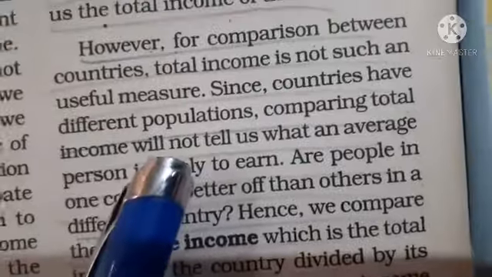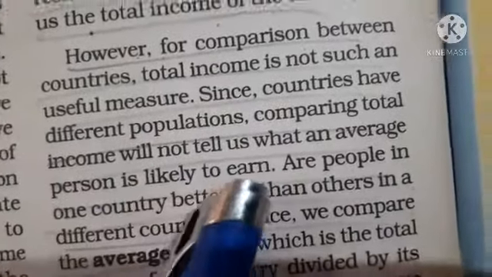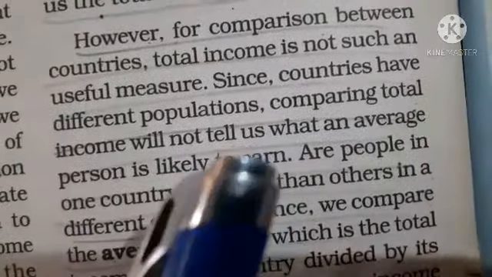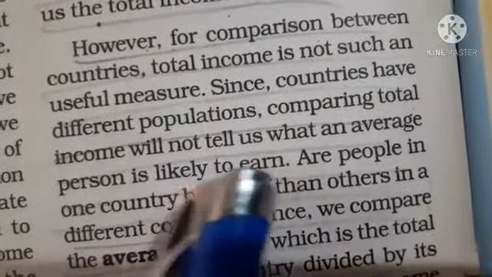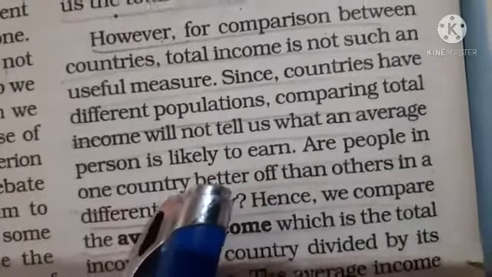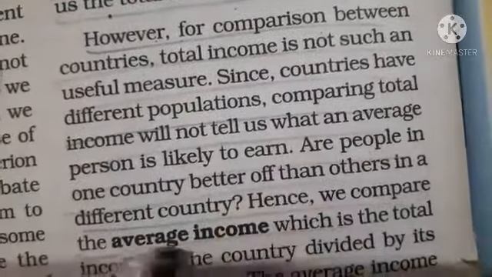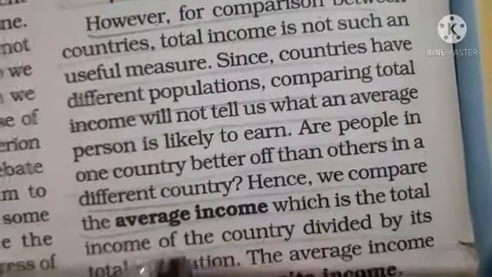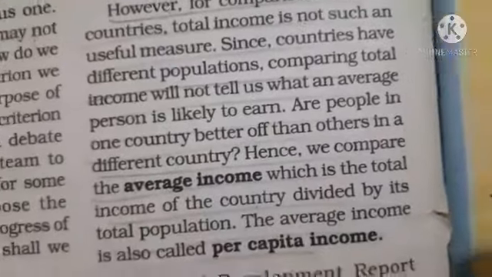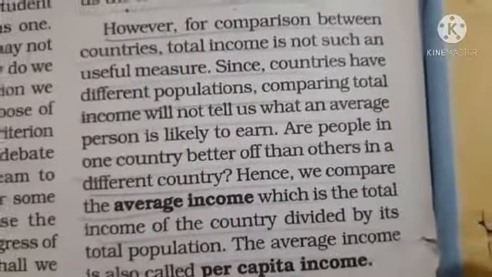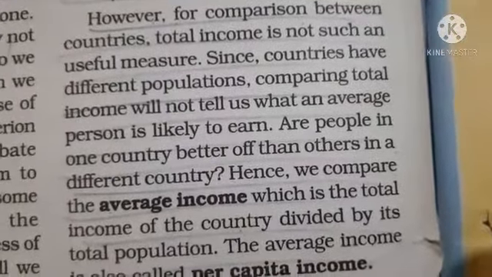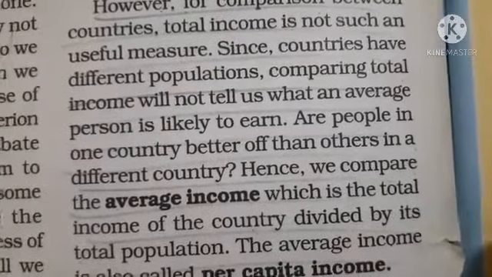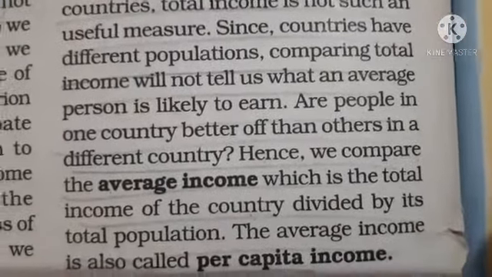Because total income does not tell us how much an average person earns in the country. So are people in one country better off than in another country? Hence we compare the average income. So what measure is taken to compare country development? We take the average income.